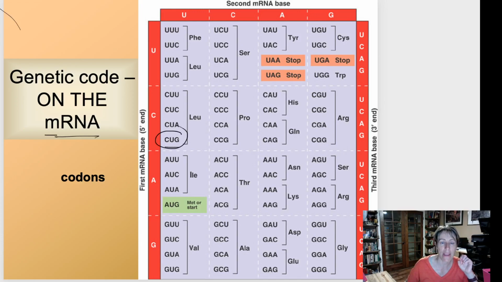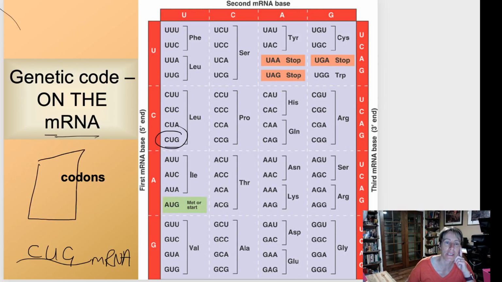And I'll draw it out here. If the codon was CUG, all right, and this is our messenger RNA, then my tRNA that would stick to it would have an anticodon of GAC, because these have to line up down here.